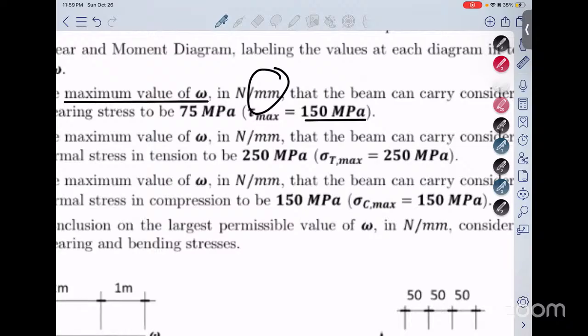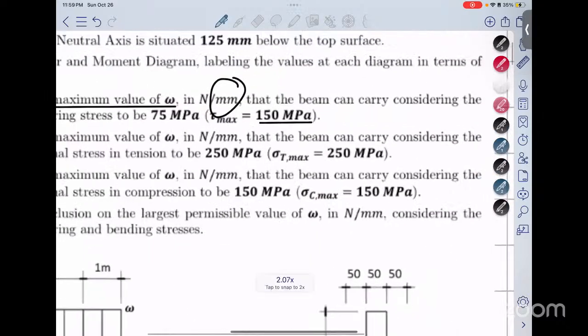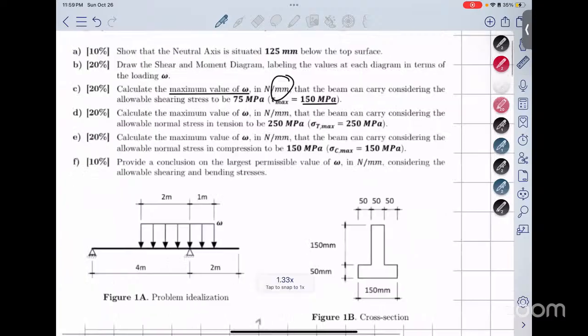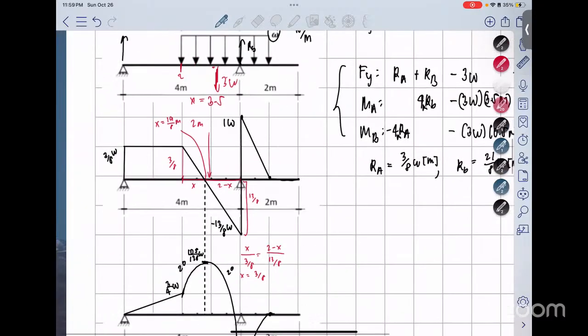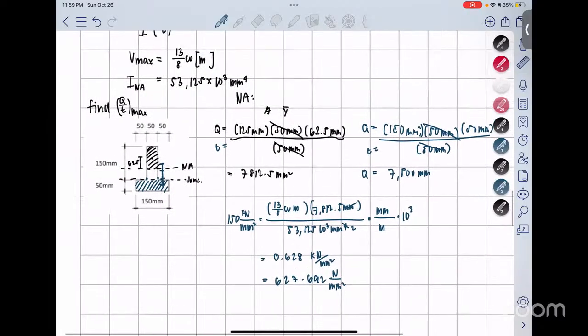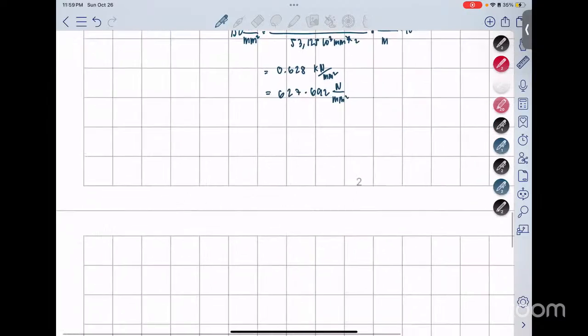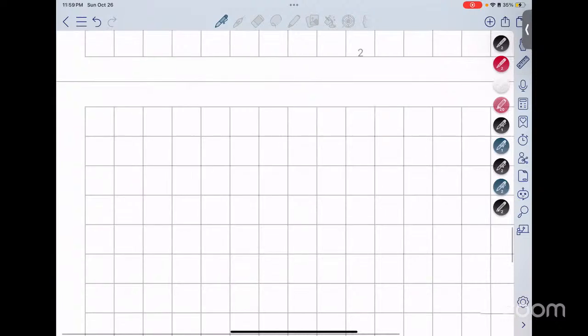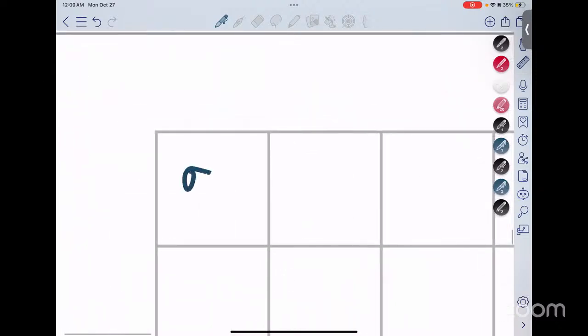The maximum compression is 150 megapascals. All right, let's go straight into it. So yung pinapahanap naman dito is recall for actual stress, actual bending stress. This is equal to MO.